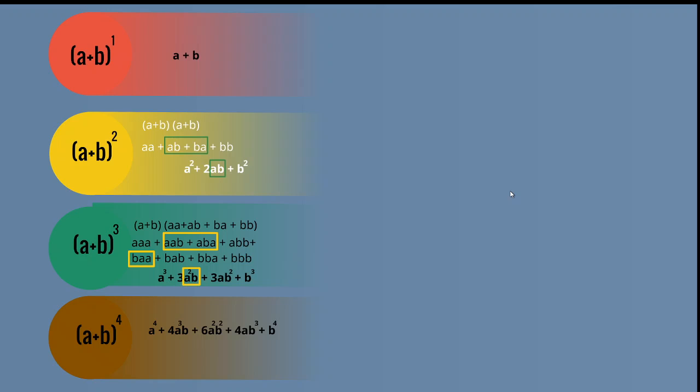So it is not written in the same order, but the order doesn't matter. What matters is what the letters are, and how many letters are there. So it is a square b. Same thing with the other three terms also: abb plus bab plus bba. So that I write as ab square, because there are two b's and one a.